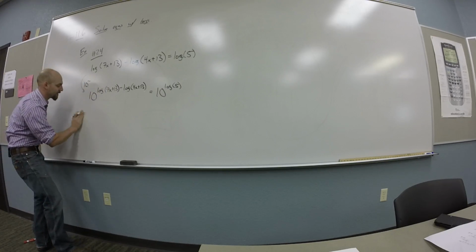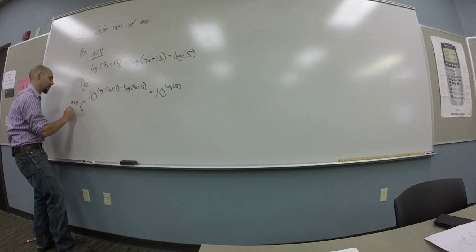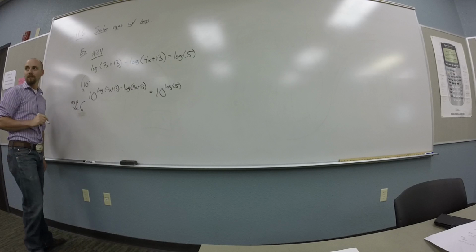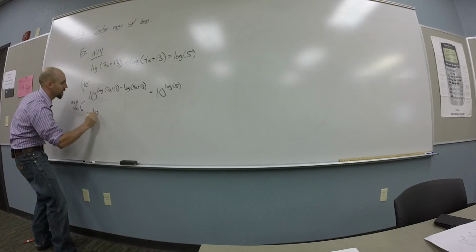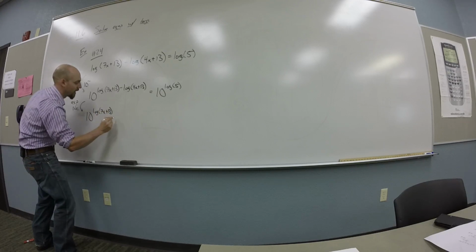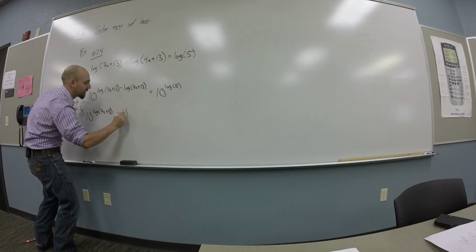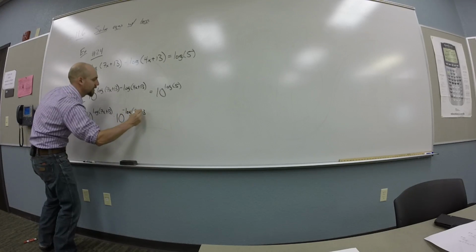So we'll say, okay, this is the same thing. Here I'm using an exponent rule. Okay? Then I'm going to say this is 10 to the log of 7x plus 13 times 10 to the minus log of 4x plus 13.